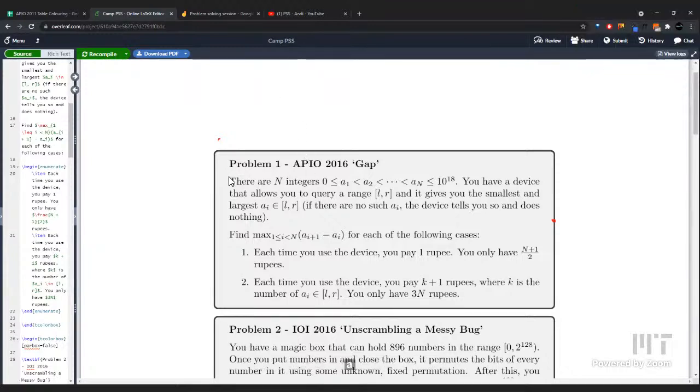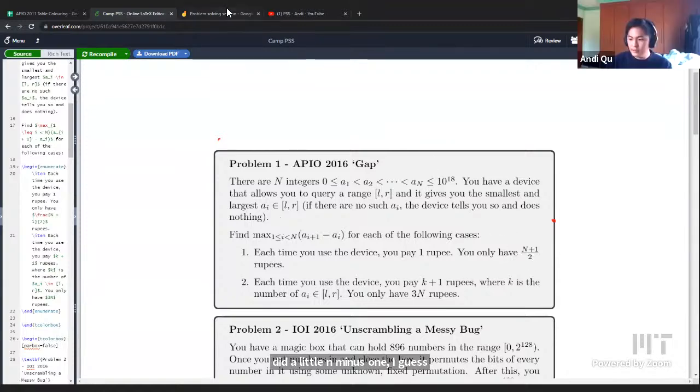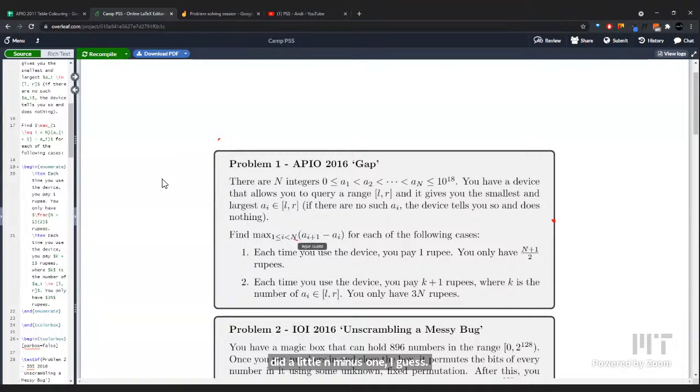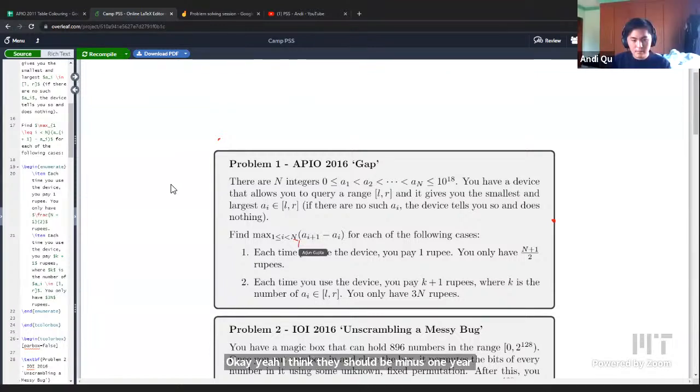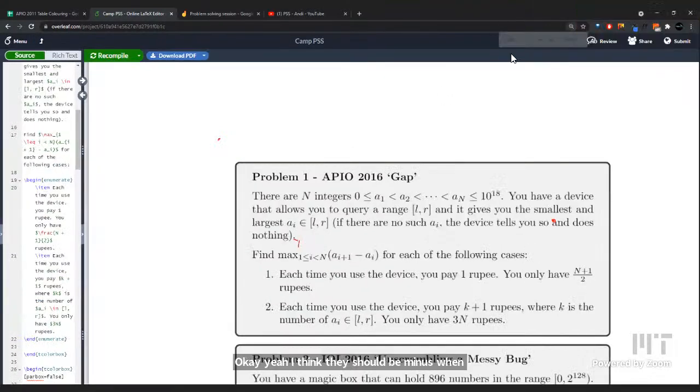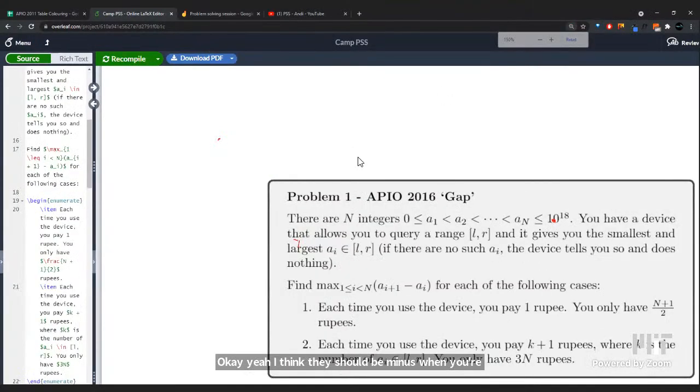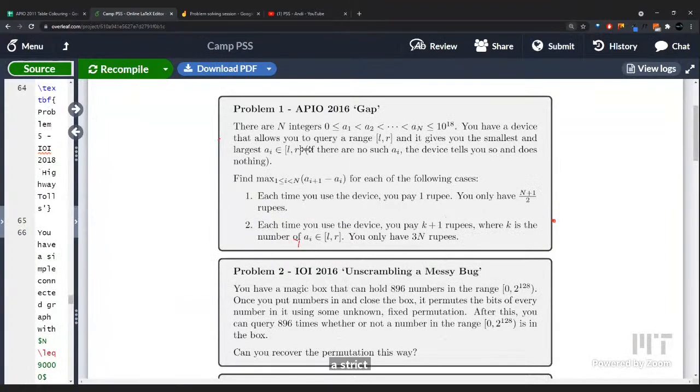The range should be till n minus 1, I guess. Say what? I think there should be a minus 1 here. No, because it's a strict inequality. Oh, sorry, it's a strict inequality, so that's why.